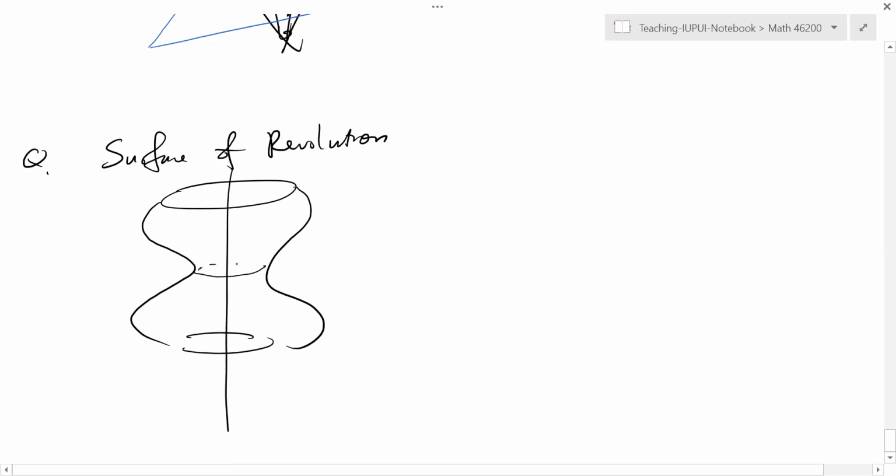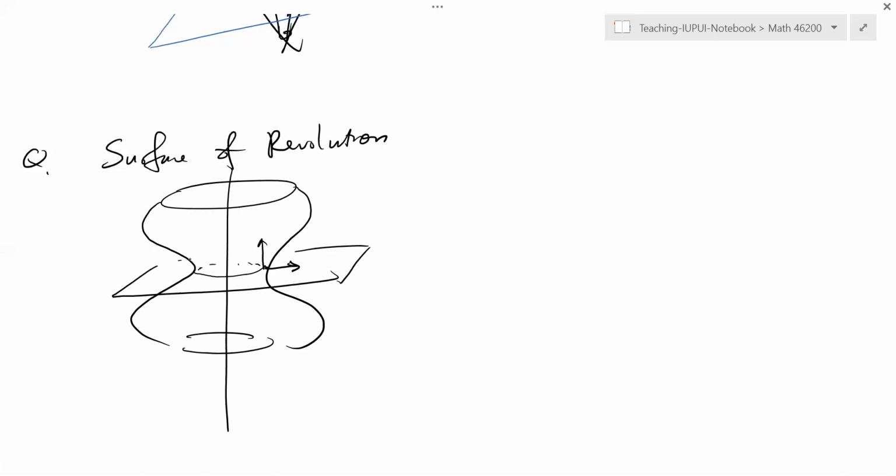So if we cut it, the normal vector to the surface and the normal vector to the plane you're going to use to cut it is going to be perpendicular, right? This is the shortest loop in the neck. So this is going to be a geodesic.